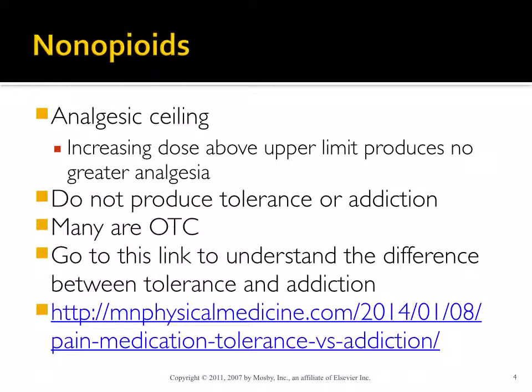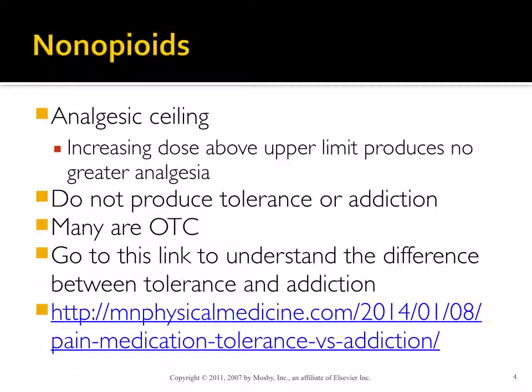Let's talk about non opioids. The first thing they have talked about is analgesic ceiling. The ceiling effect is the concept that there is a maximum level of pain control or analgesia that can be reached with a dose of medication, and beyond that dose, you cannot get any more analgesia or pain control.